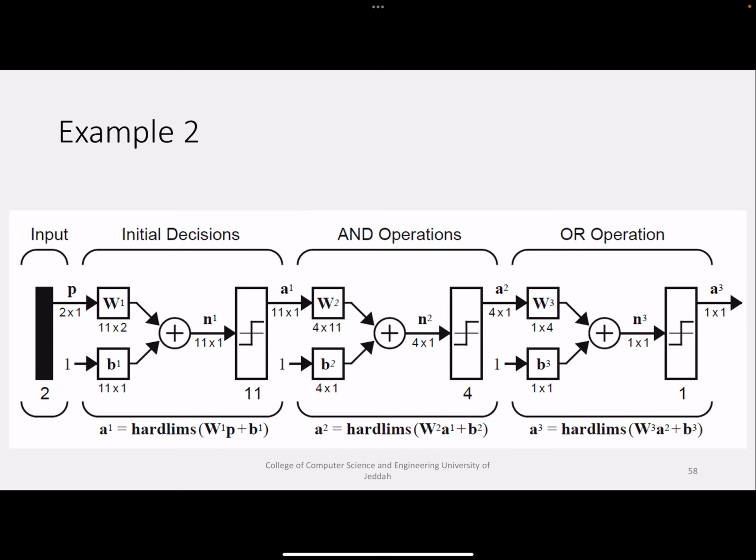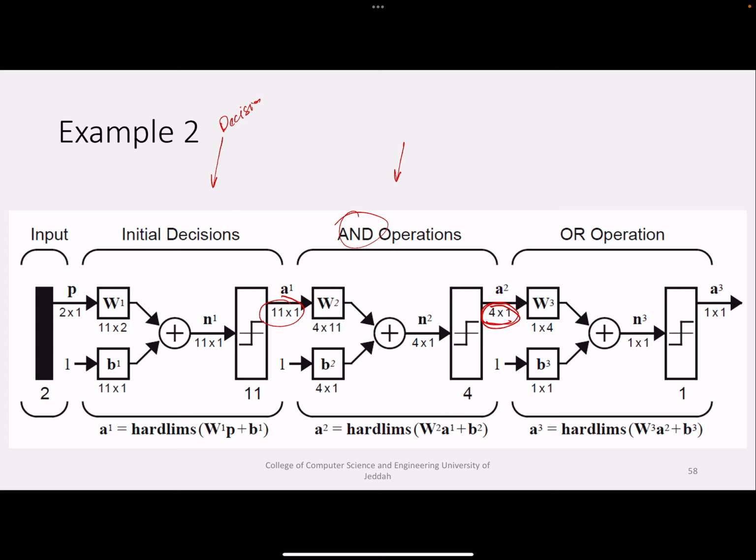And if you put these 3 layers all together now, we have the decision boundaries implemented in layer number 1. We have the AND operations for each of the bounded boxes happening in layer number 2, and we get 4 outputs from here. So 11 outputs from the first layer, 4 outputs from the second layer, and then we're ORing them all together.